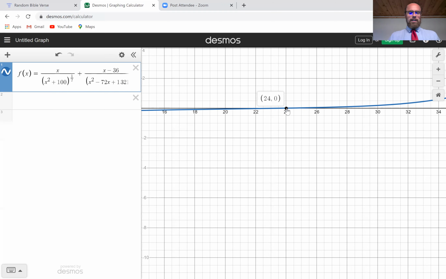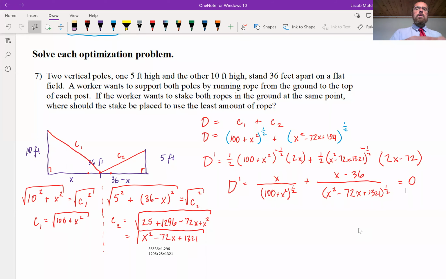That's where the function equals 0. That gives me enough information to go back. So I'm just keeping in mind that that was 24. So the solution here is 24. I'm just going to mark here that this is a graphical x-intercept. That's how we found that value of 24.